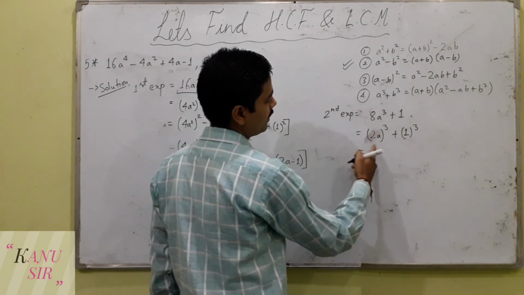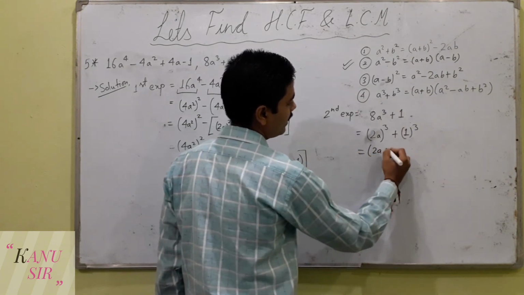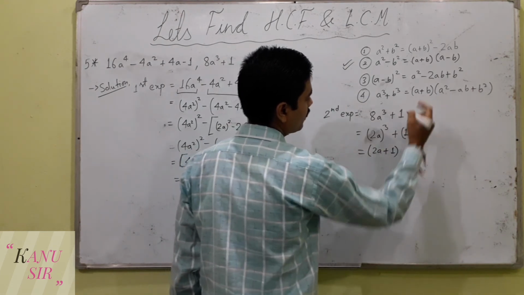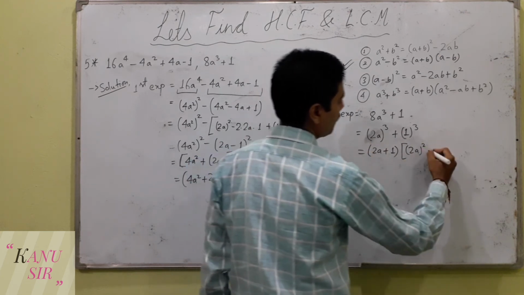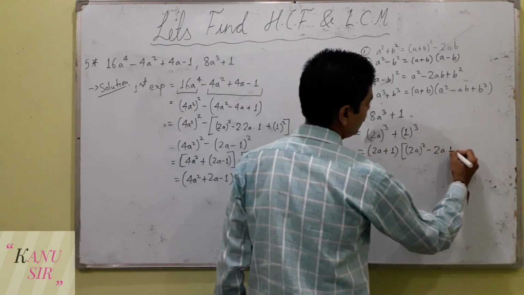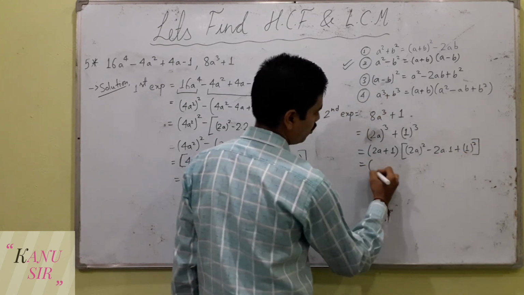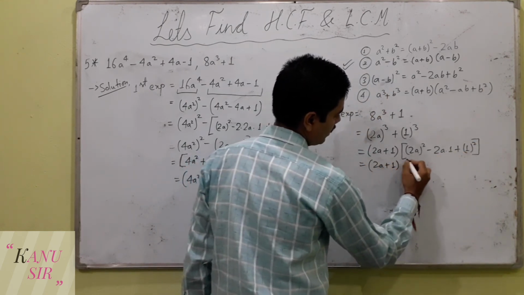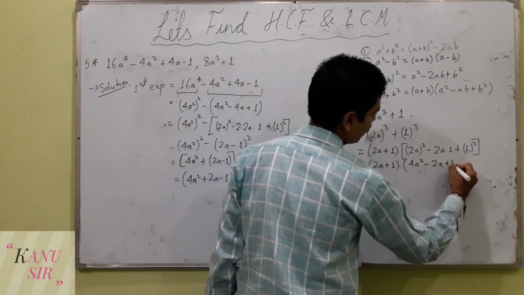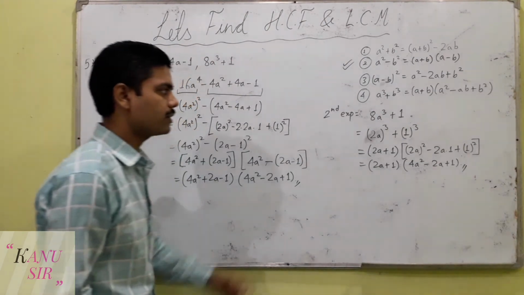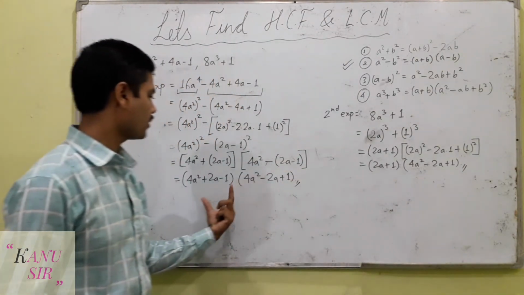Now you can compare them with the a cube plus b cube formula, then you will get 2a as a and 1 as b, a plus b. Again you will get 2a as a square, minus 2a times b, which is 1, plus b square, and that is 1 square. You can open it: 2a plus 1, and opening the formula, 4a square minus 2a plus 1, and hence these are the factors of the second expression. Now you can match the factors of both expressions.